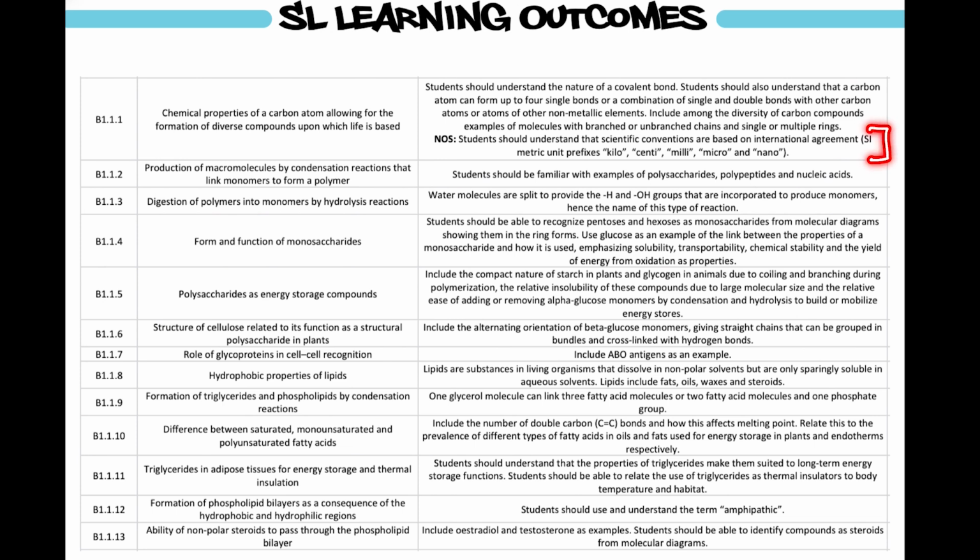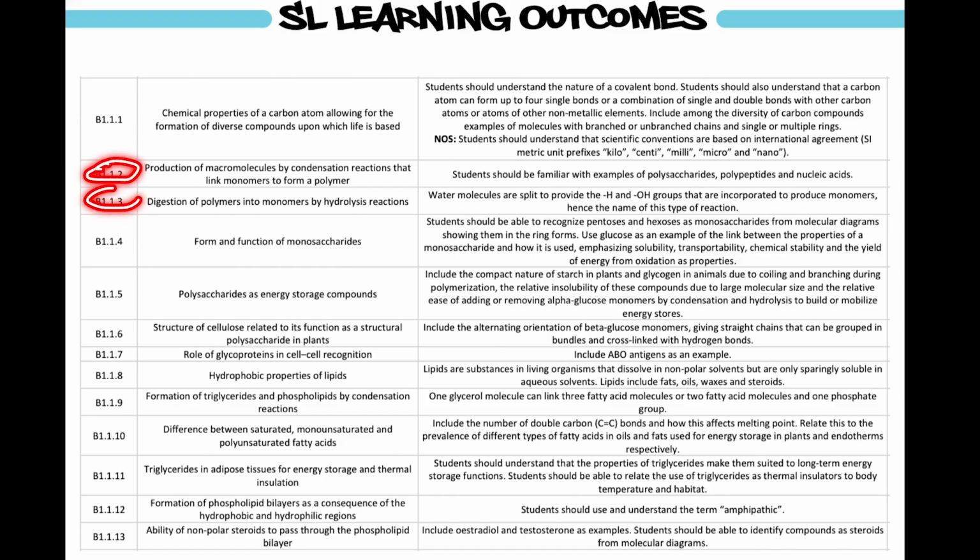We also then explored how different SI units can be converted between using some simple math calculations. And then we summarized how all biomolecules, proteins, carbohydrates, nucleic acids, and lipids can be built using condensation reactions and can be broken down using hydrolysis reactions. And these were explored in the following learning outcomes.